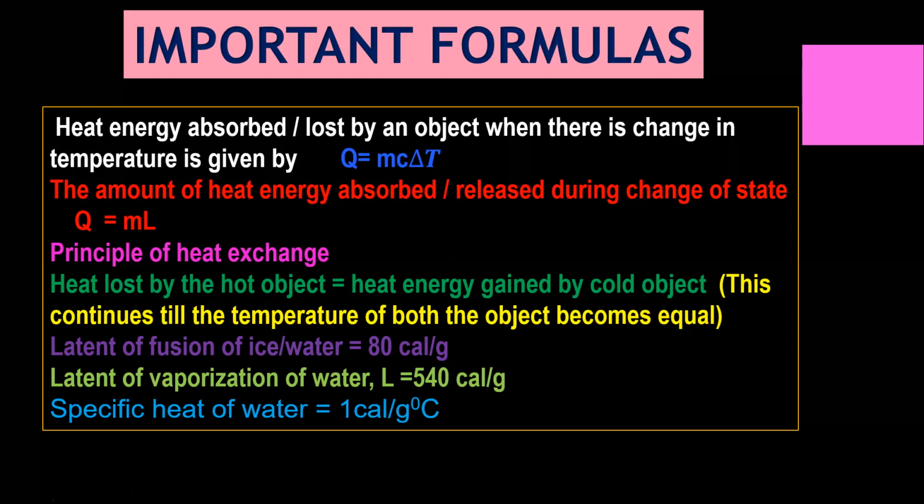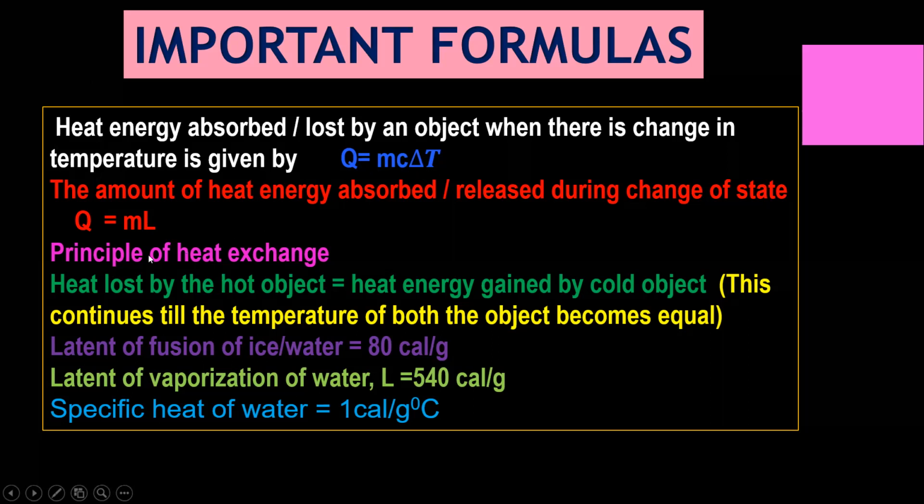Here water and ice, one is solid, other is liquid, but the temperature is the same. State is changed, but temperature remains constant. Then we have to use the formula Q is equal to ml. If temperature changes, then we have to use the formula Q is equal to mc delta T.